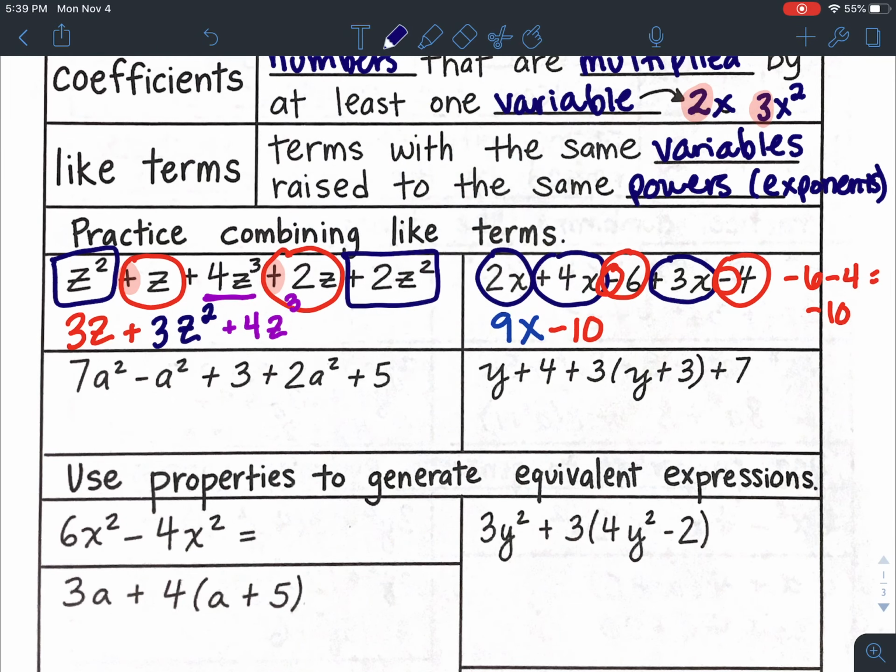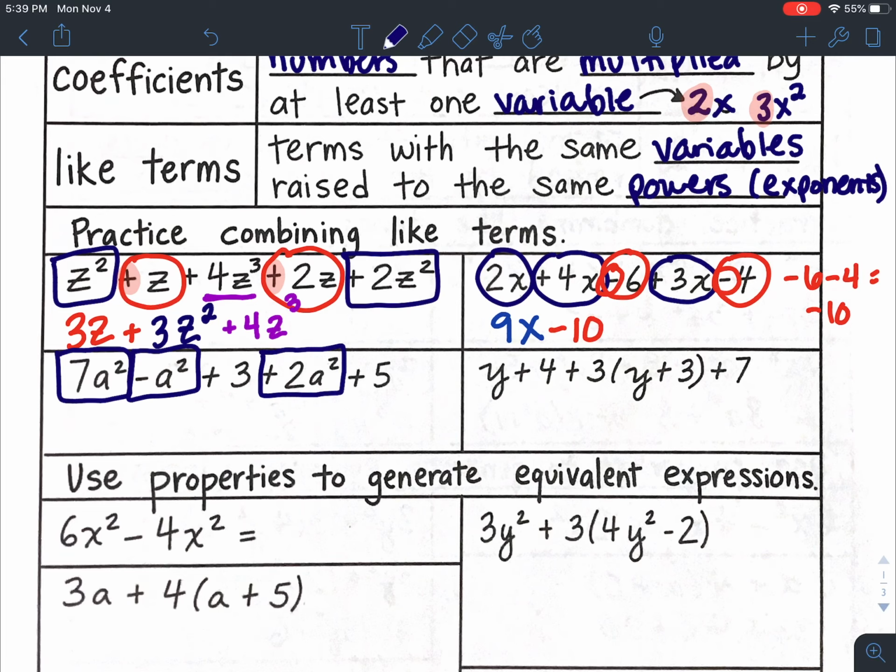The next example I'm going to look at is 7a squared minus a squared plus 3 plus 2a squared plus 5. And again, I want to go in and circle, box, anything that are the same with the same variable to the same power. So here I have 7a squared. I have minus a squared plus 2a squared.